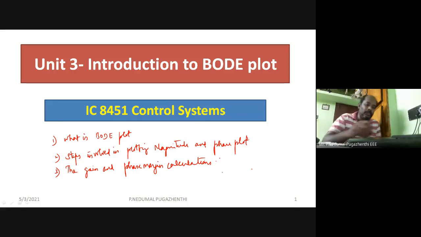So three important discussions will be there, and after this lecture we will start solving a few problems, trying to plot the Bode plot for a given transfer function. So three main points will be satisfied after this lecture. I hope so, if you are following my words and subsequently asking your doubts.